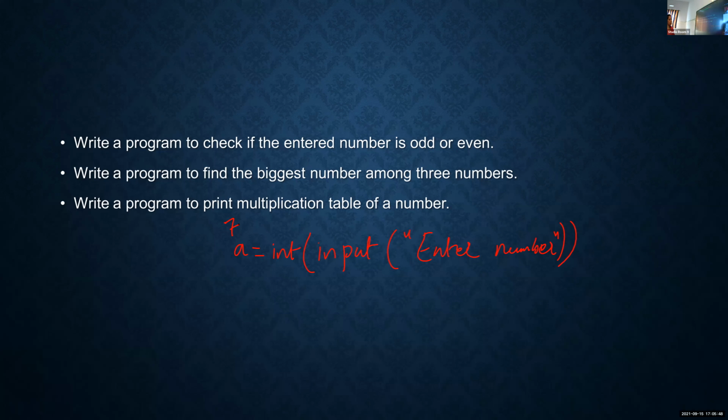Then, what is the next statement, Sanjana? If 7 divided by 2 is equal to 0, then print odd or even, like that. Okay, I will explain. Here A is the variable name, so you want to write the variable name A. How can we check whether the number is odd or even?